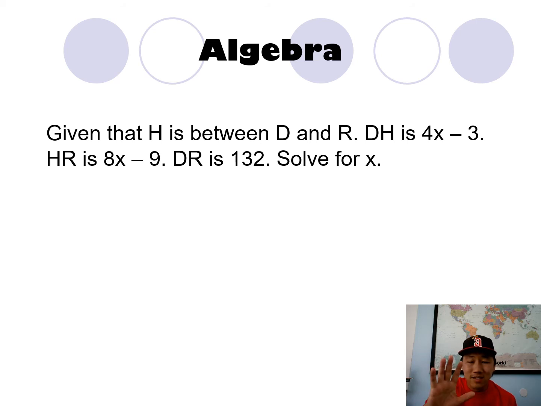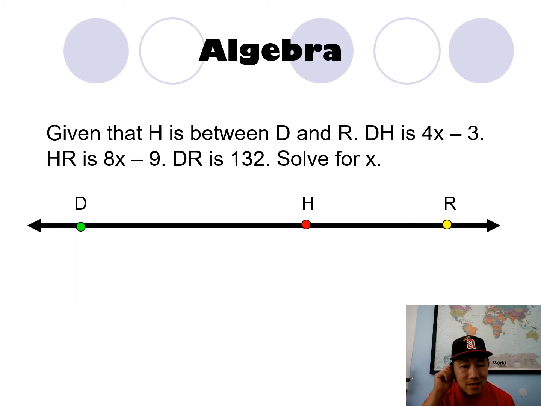None of this is easy until you draw a picture, so it's always a good idea to draw a picture. H is between D and R. Here's H, here's D, here's R. I just randomly put them, as long as the H is in between, then that's fine.